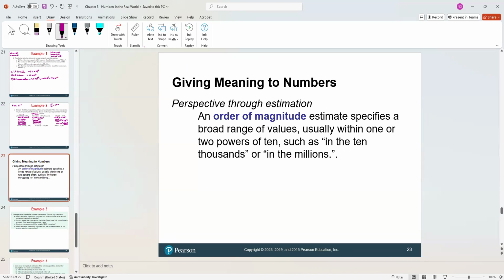We're going to see a few of them. Perspectives through estimates. An order of magnitude estimate specifies a broad range of values, usually with one or two powers of 10, such as in the 10,000s or in the millions. So that's very important to see.